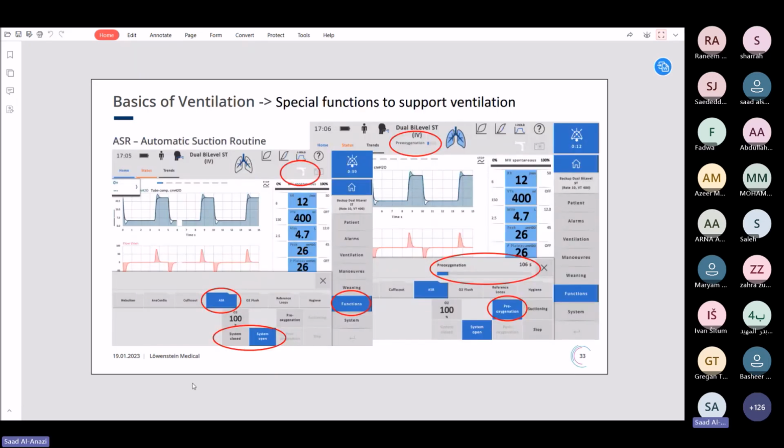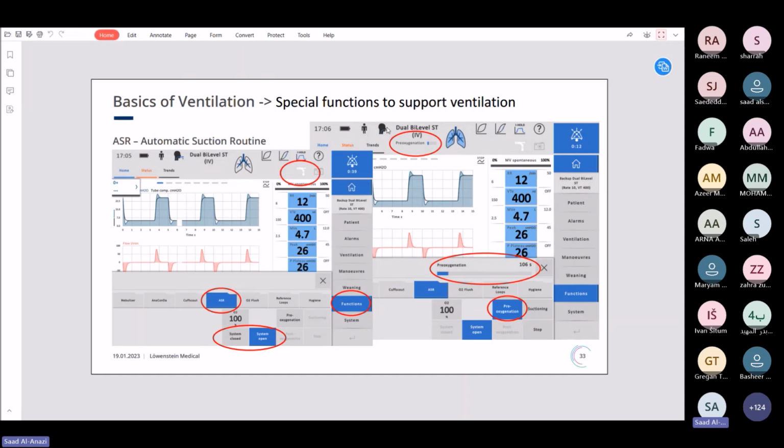You can see here in the figure the automatic suctioning routine from the functions. You can go to functions, then select the automatic suction routine. Then you have to select which type of suctioning you need, open or closed system. Then select how much FiO2 compensation you need to increase during the suctioning, pre-oxygenation, and post-oxygenation, then start the suctioning.